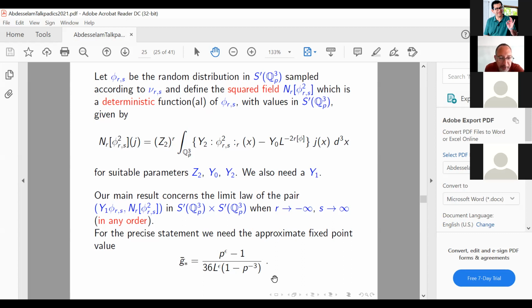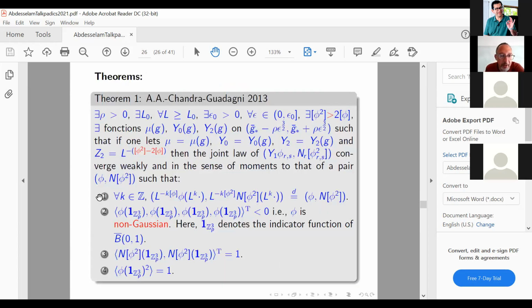Here is the formula if you want. It's roughly of order epsilon. This is the coupling of the phi 4 at the infrared fixed point. It's roughly epsilon because we're working near mean field, where the non-trivial fixed point is close to the Gaussian fixed point. So here is the theorem that we got in 2013.